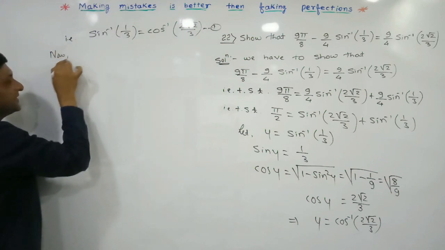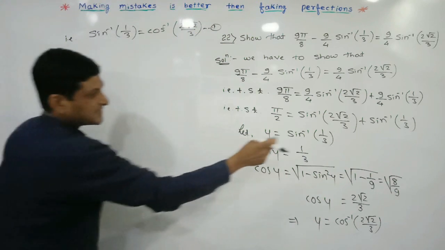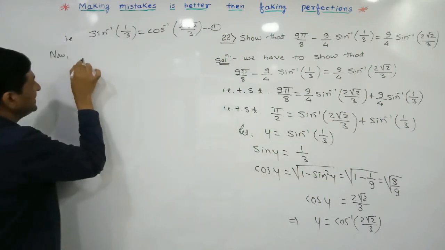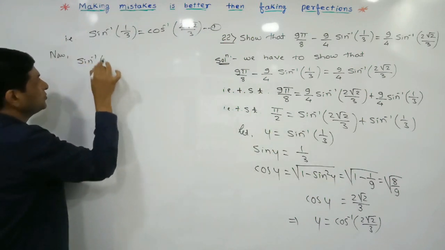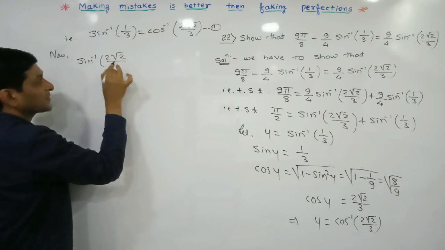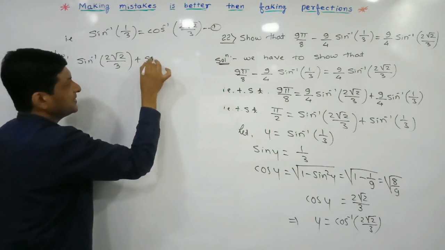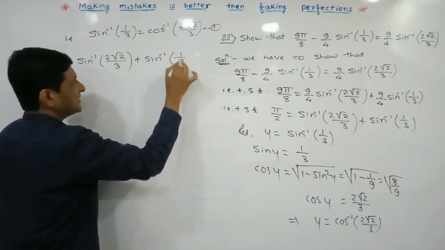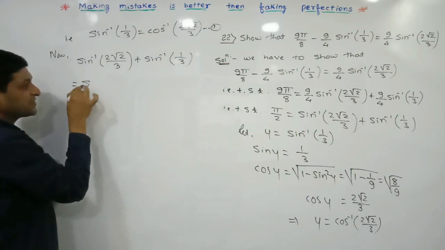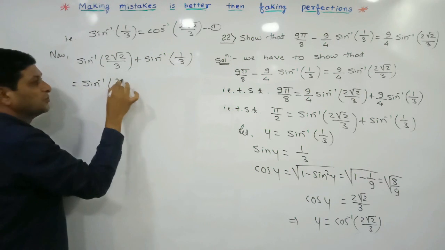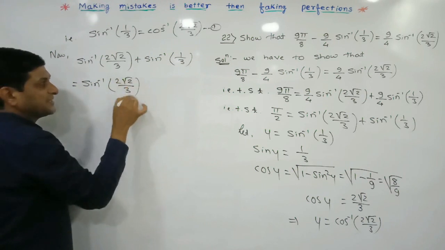So now consider the right hand side. What is the right hand side of this expression? Sine inverse of 2 root 2 upon 3 plus sine inverse of 1 by 3. So which is equal to, keep first term as it is, sine inverse of 2 root 2 upon 3 as it is, plus.